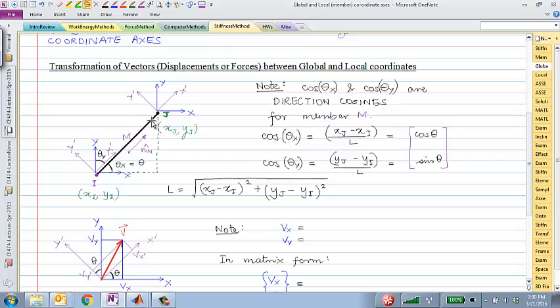If I switch the order of connectivity, then the vector from j to I would just be the negative of that.